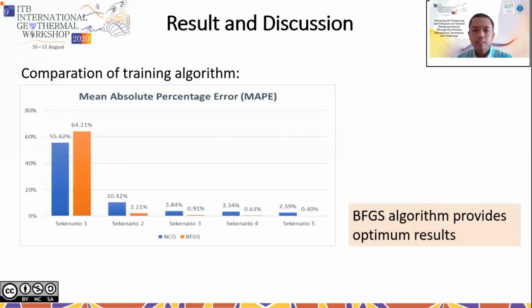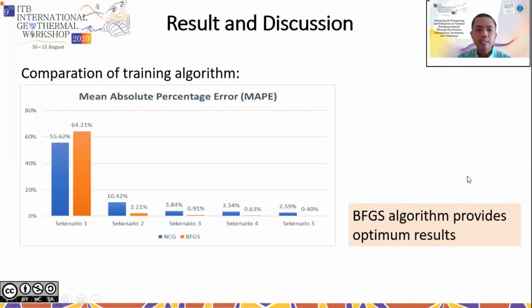And then, as we introduced previously, we have two kinds of algorithm, Newton conjugate and also Broyden-Fletcher. We show that the Broyden-Fletcher-Goldfarb-Shanno is the best algorithm that provides optimum results. We saw in this graphic that it is better than the Newton conjugate.